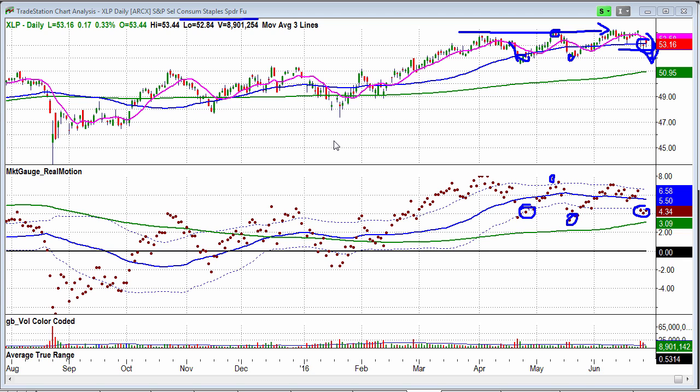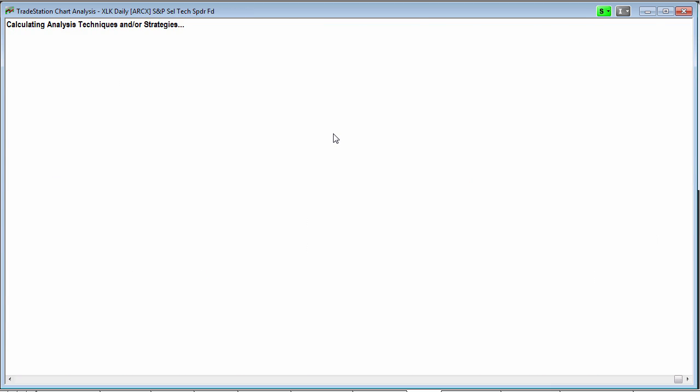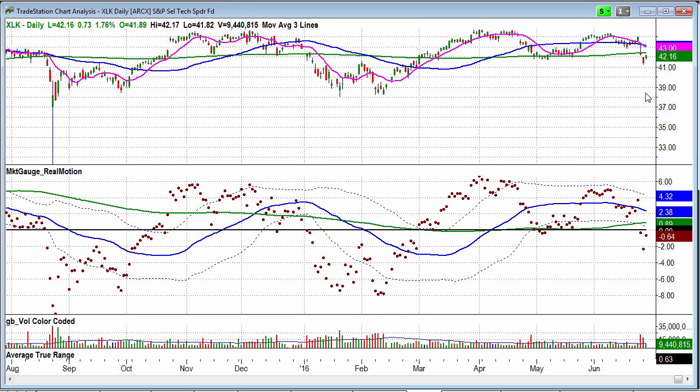Now, another area that has been particularly negative is the XLKs. Right? Now, XLKs, you can see the momentum down here has really broken down along with this break of the 200. So it's really confirming this break. So if this rallies back up, okay, can't argue with the price action.